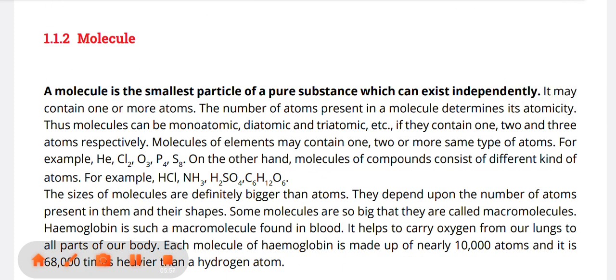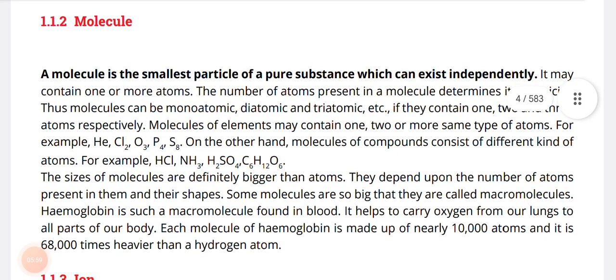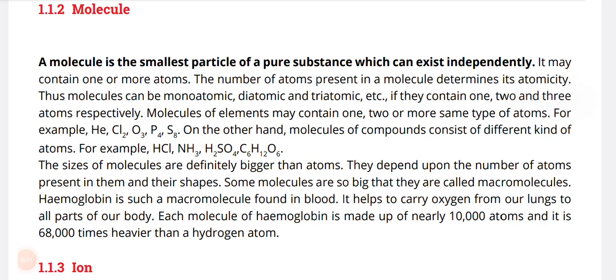Molecule. A molecule is the smallest particle of a pure substance which can exist independently. It may contain one or more atoms. The number of atoms present in a molecule determines its atomicity. Thus, molecules can be monoatomic, diatomic, and triatomic, etc., if they contain 1, 2, and 3 atoms respectively.